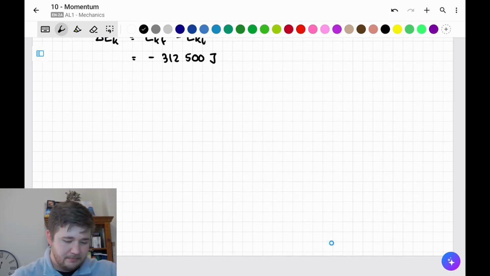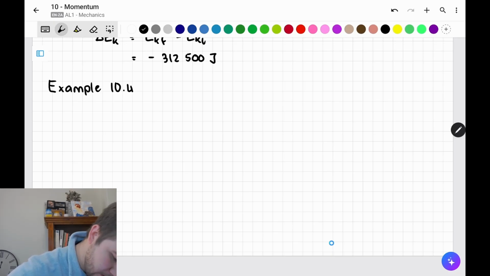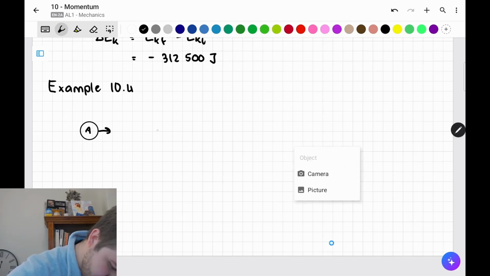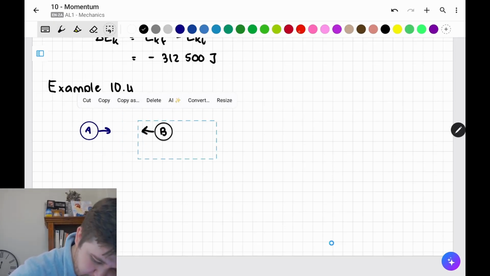Let's see, maybe we'll do this example here. This is example 10.4. Just to confirm, we have mass A moving to the right, about to collide with mass B moving to the left. And for simplicity and clarity, let's color them.